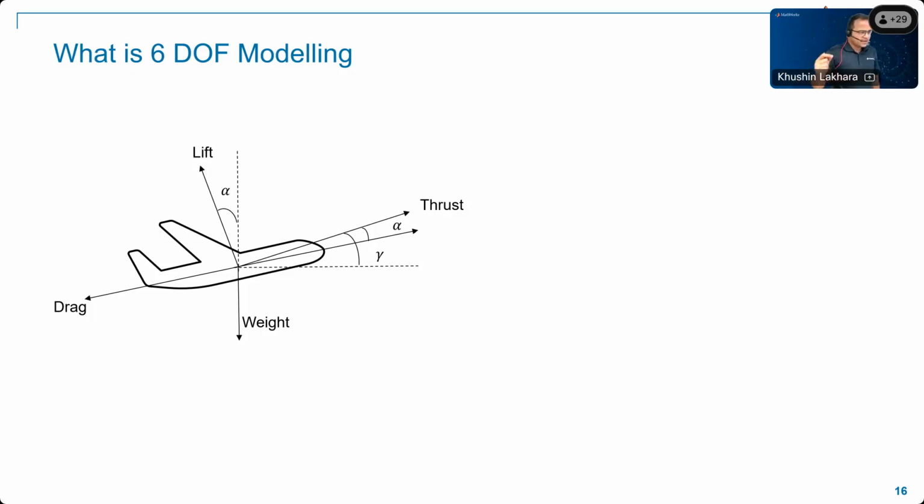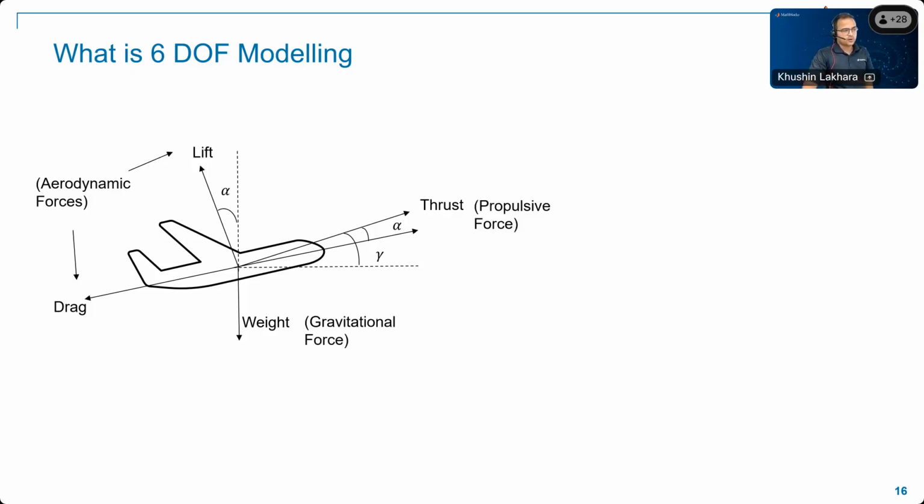On any aerospace vehicle, there are four major forces: lift, drag, thrust, and weight. Lift and drag are aerodynamic forces, weight is a gravitational force, and thrust is a propulsive force. Now, the idea is, if we have these three types of forces implemented on the vehicle, how are these forces going to make an impact on the motion of the vehicle? If we change any of the controls, maybe the aileron, elevator, or rudder, or if we change the speed, how will our vehicle perform?